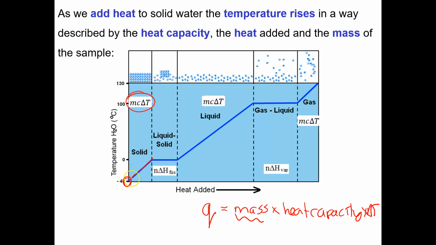That's what we're going to see until we get up to 0, which is when the phase change starts occurring. Once we get to 0, it starts melting.